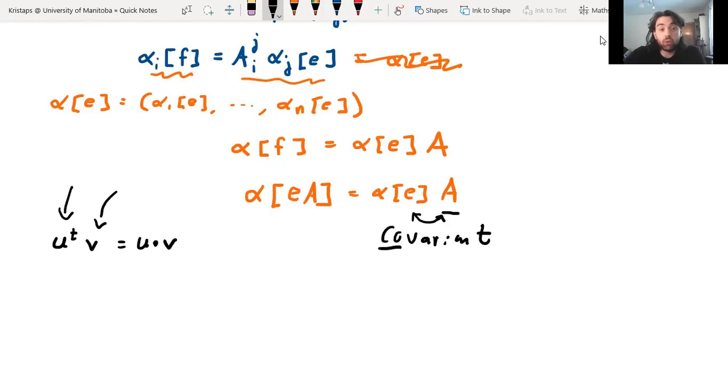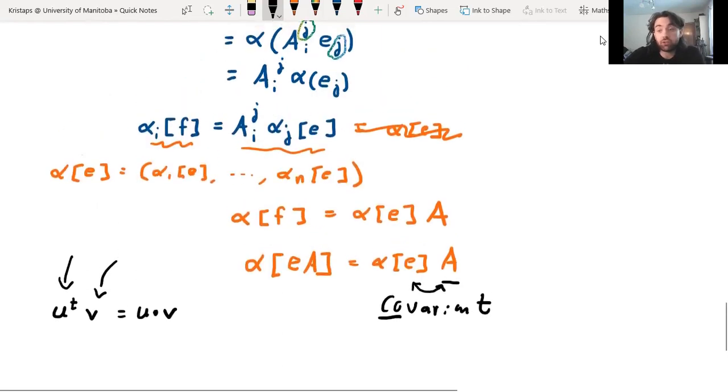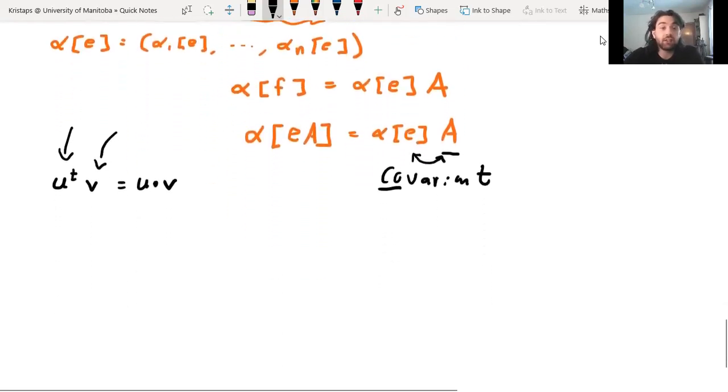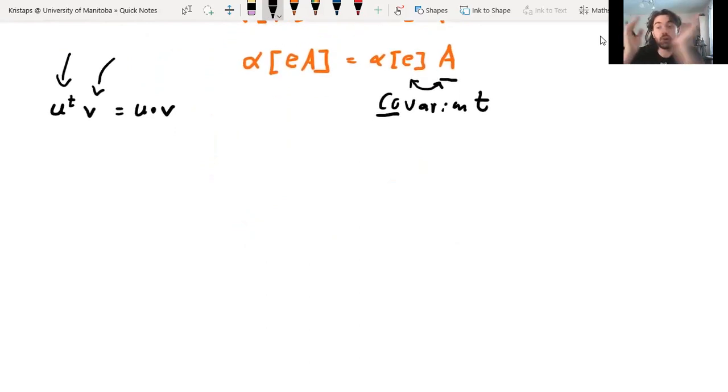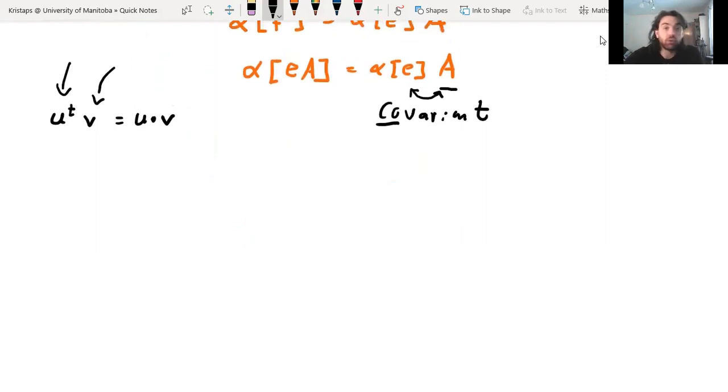Okay, so we've talked about covariant and contravariant vectors, and finally now we get to put this together in terms of a multilinear map. At the end of the last video, I told you about the basic definition of a multilinear map. And so we want to know, how does a multilinear map change under a change of basis?